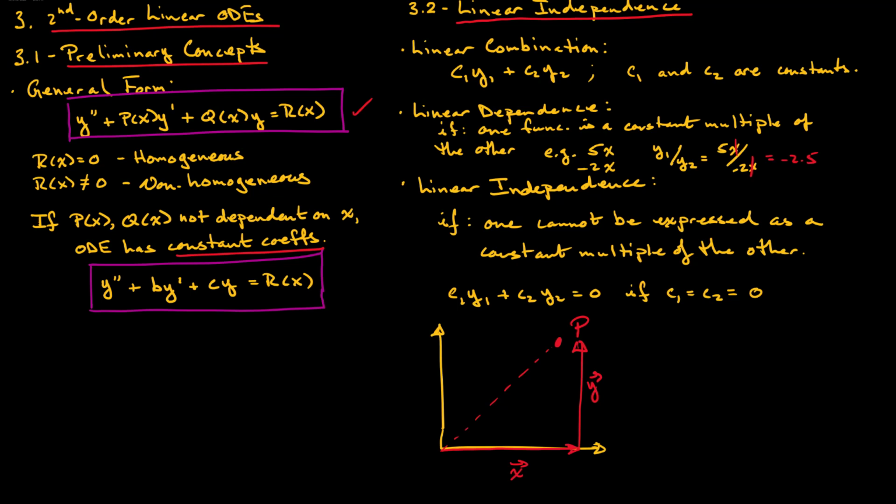And what we say here is that the point P is equal to x plus y. And the vectors x and y are linearly independent. That means that we cannot express y as some constant multiple of x.